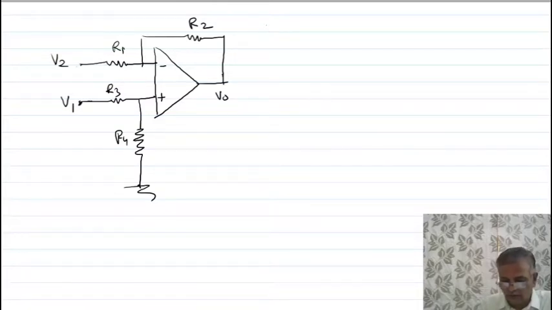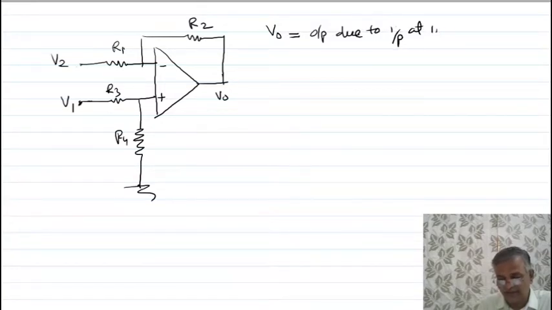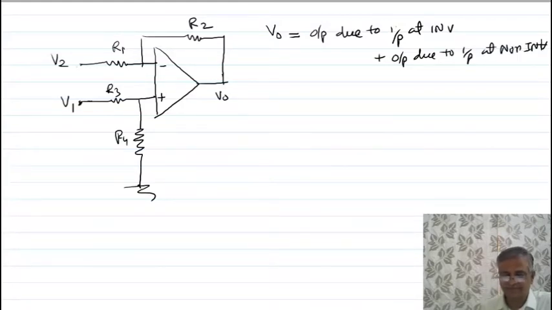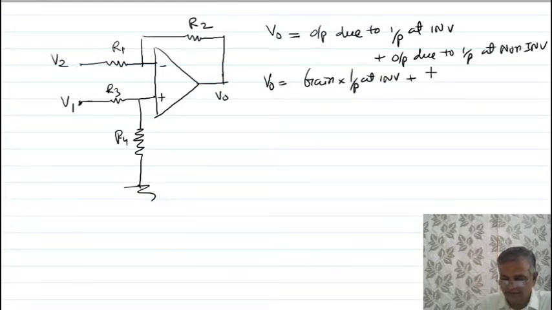The value of the output voltage you can derive: it is nothing but the output due to the input at the inverting terminal plus the output due to the input at the non-inverting terminal. So it is the gain multiplied by the input at inverting plus the gain multiplied by the input at non-inverting.